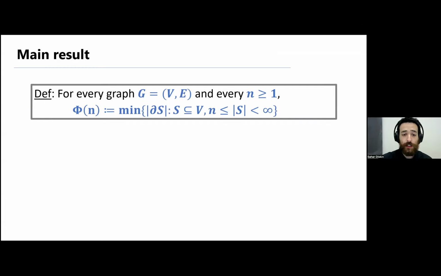In order to answer it, let me first define the following notion. It's quite simple. For every graph G, and for every parameter n, I denote by phi of n the minimum number of edges leaving a set S, which is of size at least n, but finite. So I go over all possible sets of size n, and I look at the number of edges leaving it.